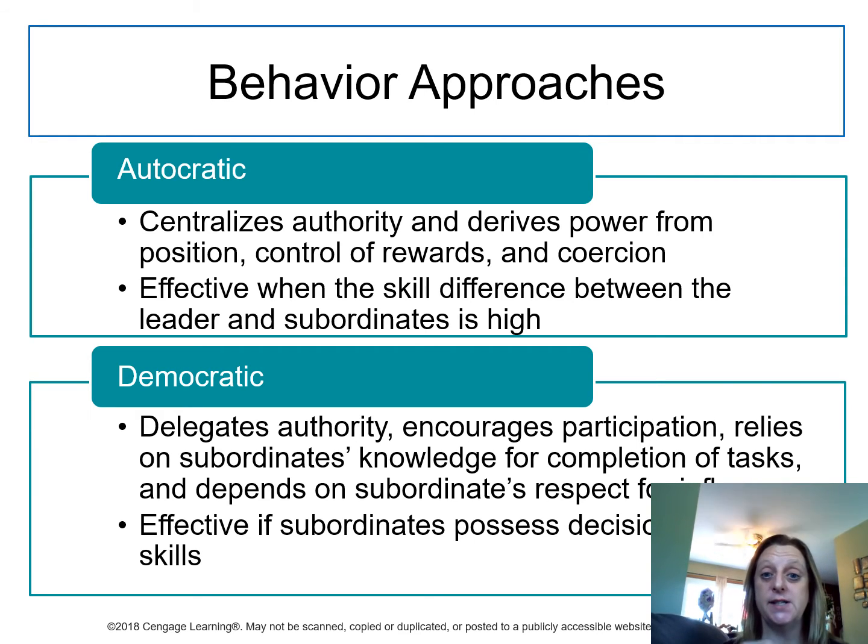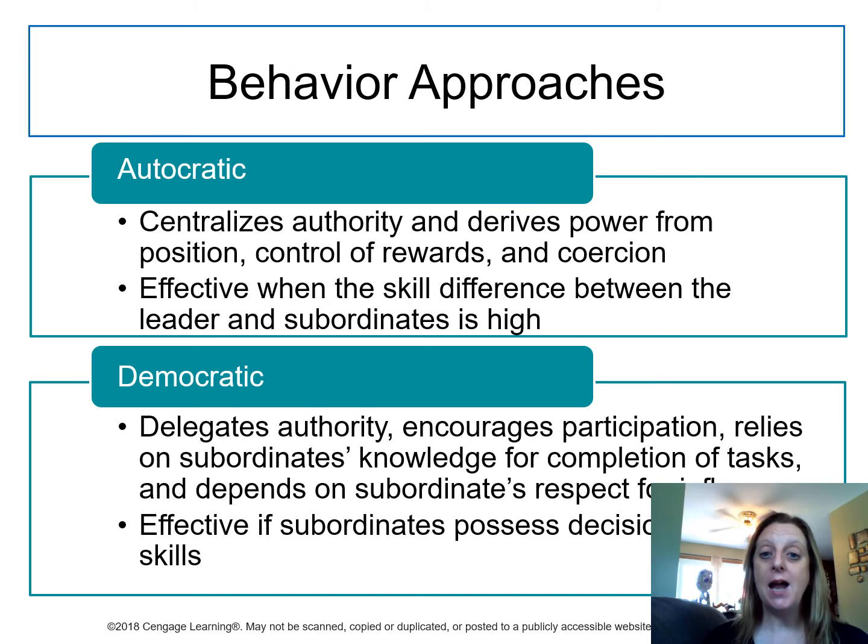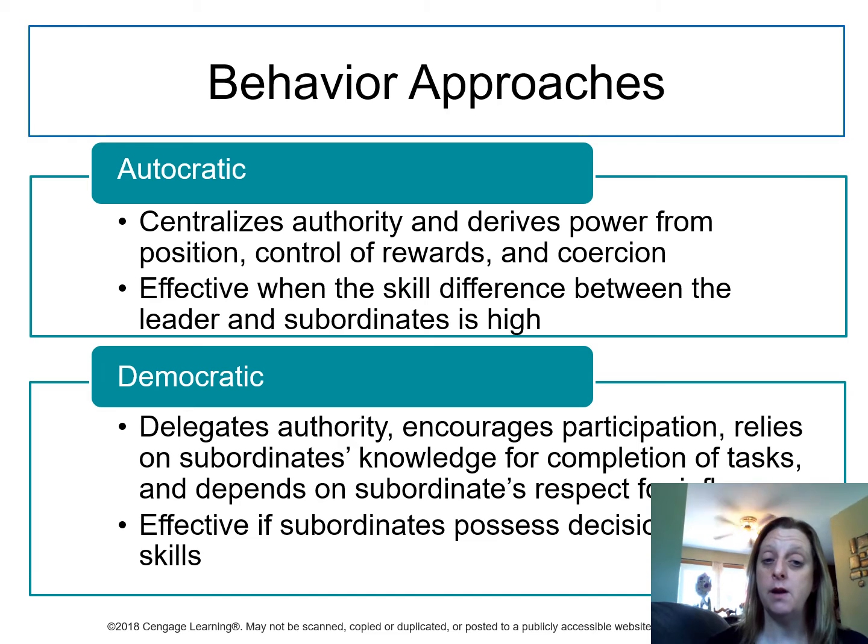Research experiments have shown that groups with autocratic leaders perform highly so long as the leader was present to supervise them. So they tend to be a little bit more micromanagers under an autocratic behavioral model of leadership.